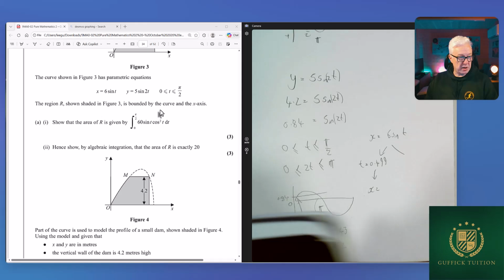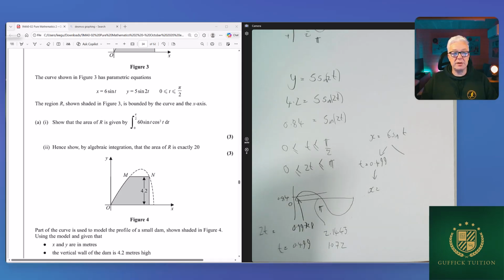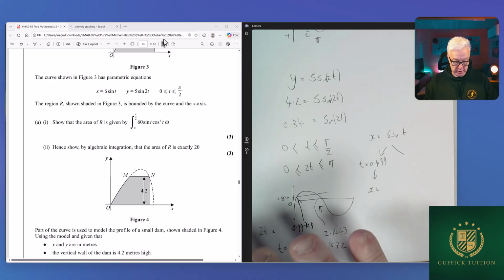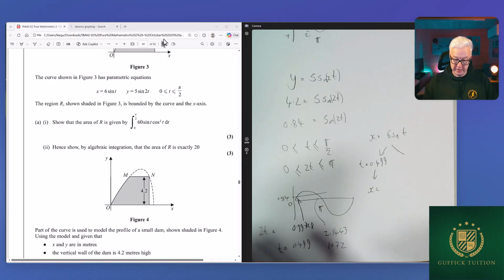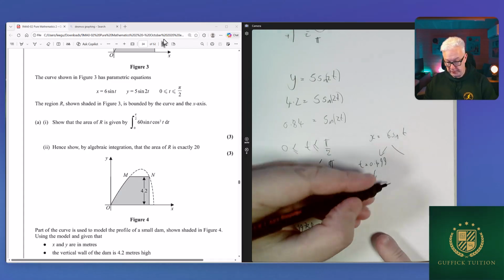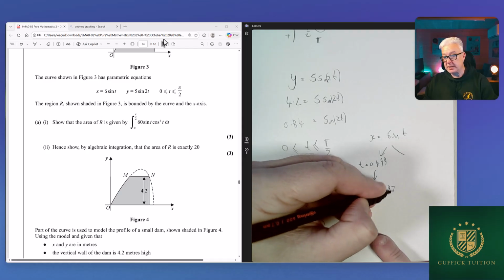Sine of 0.499 gives me 0.4785. I've got to times that by 6, so that is 2.871. So x is 2.871.